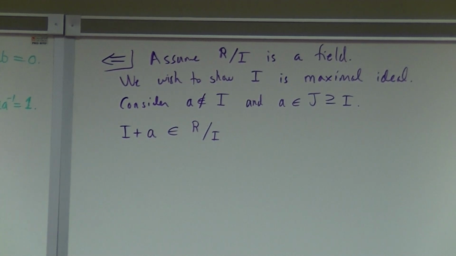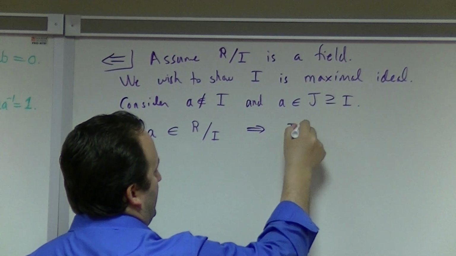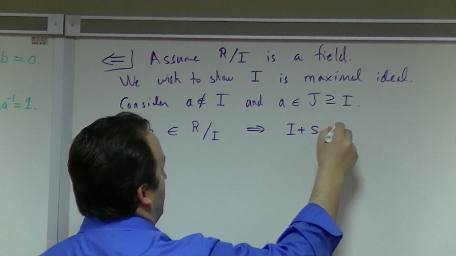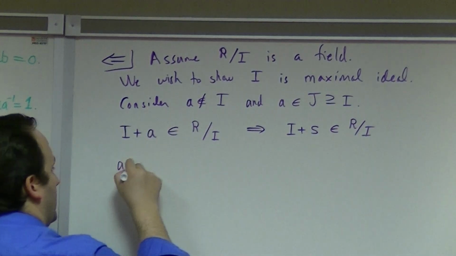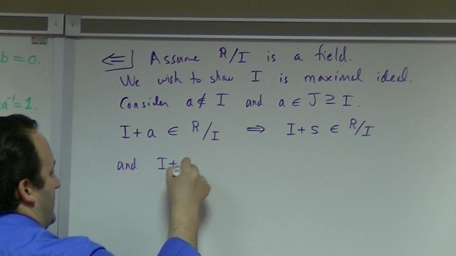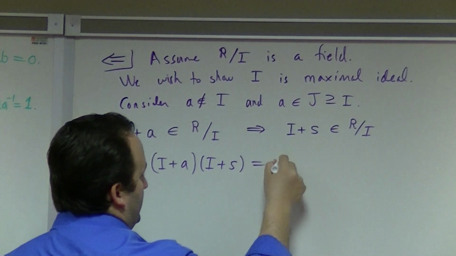But I plus A is an element of the factor ring, and what else do we know? So that implies what? Right, so I plus, let's say, S is an element of R mod I, and I plus A times I plus S is equal to I plus 1, right?